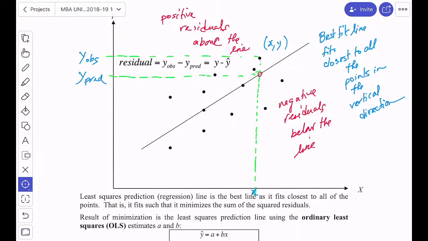So why do I care about the residuals? Because that's what I look at. I want to minimize, so what I want to do is I want this to float so that it fits perfectly to offset the positive residuals and the negative residuals. Okay?